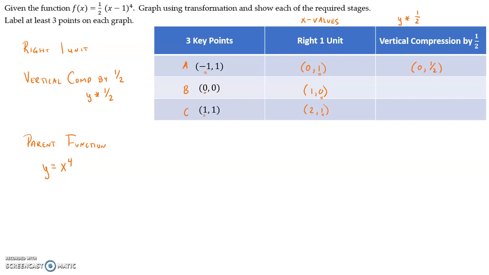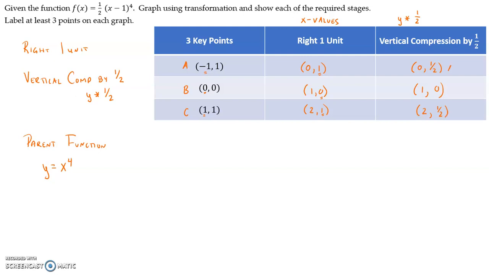For our second point, the 1 will stay the same. And 1/2 times 0 is still 0. And our last point here, the 2 for the x value will stay the same, and 1 times 1/2 will give us a new y value of 1/2.